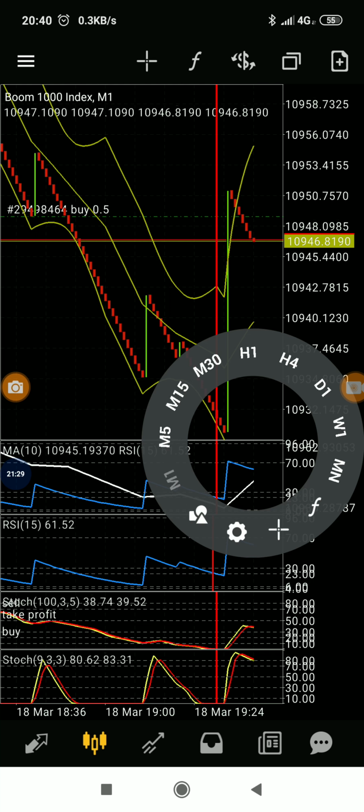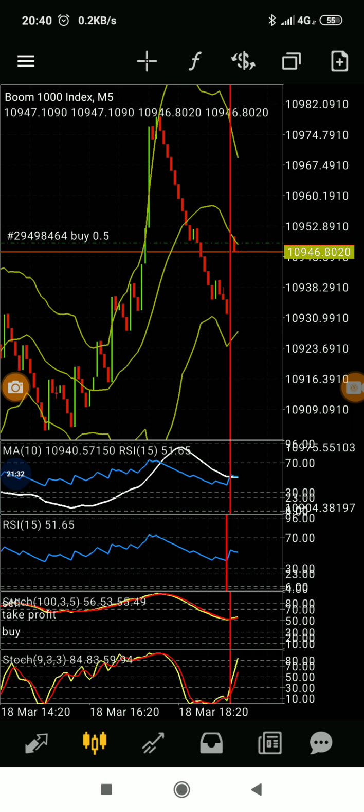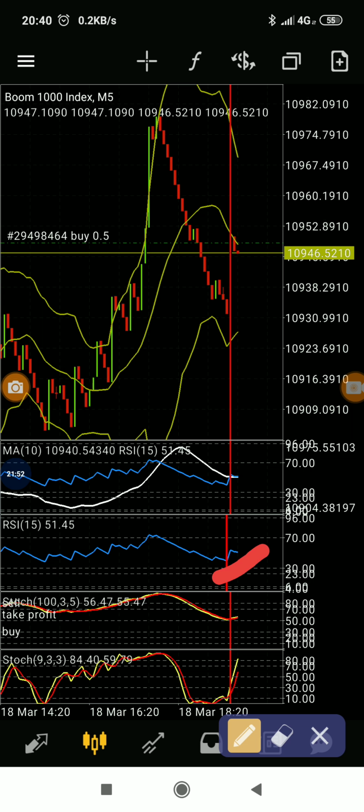Okay, 5 minutes. Then what you do is that you watch the RSI. I am in the 5 minutes time frame, and the RSI is close to level 23, and the stochastic 9,3,3 you can see is at level 10, meaning the sell is exhausted.